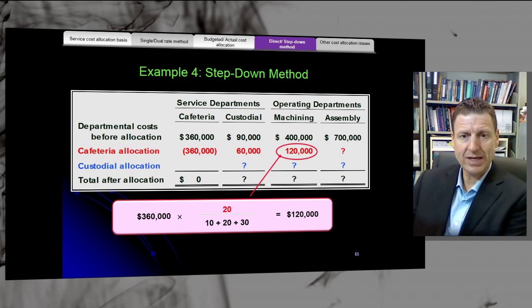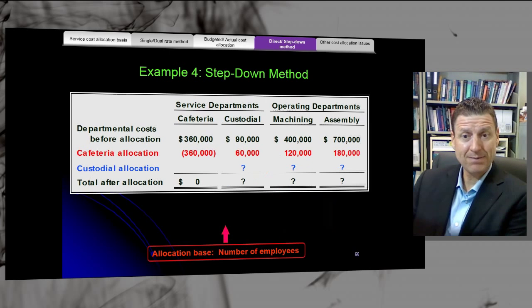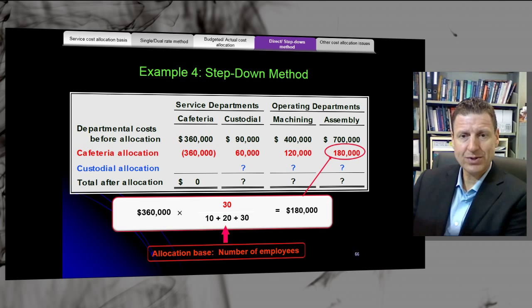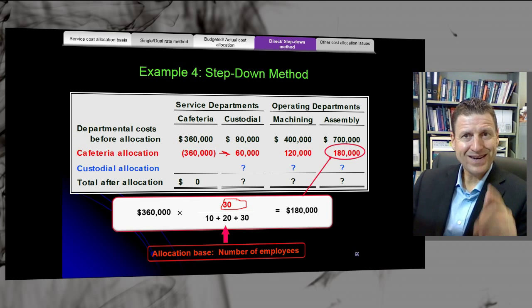What about machining? They're going to get 2/6, which is 1/3, 120,000. What about assembly? Well, they're going to get half, which is 3/6 of those 60 employees, 180,000. Now we have allocated cafeteria 360,000 to custodial, machining, and assembly.